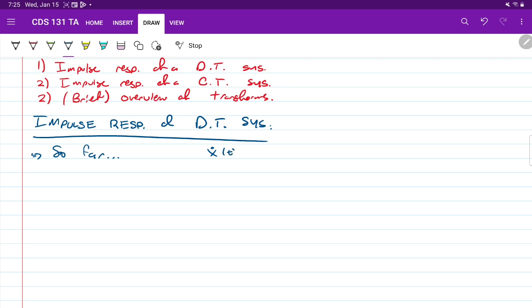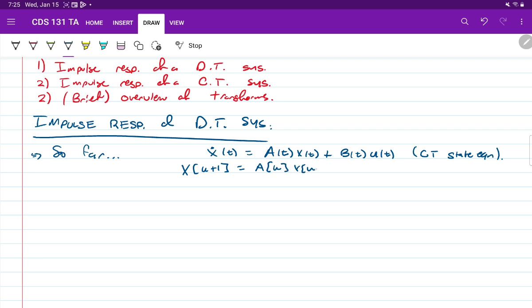So in continuous time, we have x dot of t equals A of t x of t plus B of t u of t. This is the continuous time state equation. And then in discrete time, we have x at time step k plus 1 equals A at time step k, x of k, plus B at time step k, u of k. Discrete time state equation.